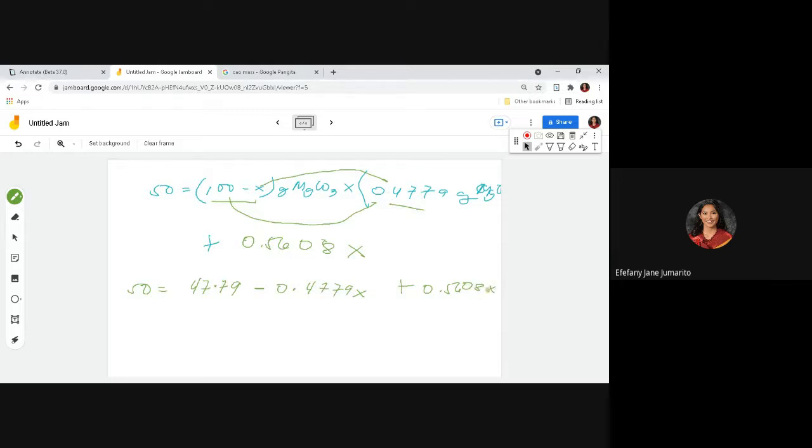Okay, x. Now, combining like terms, we have 50 minus 47.79 is equal to, what is it, class?